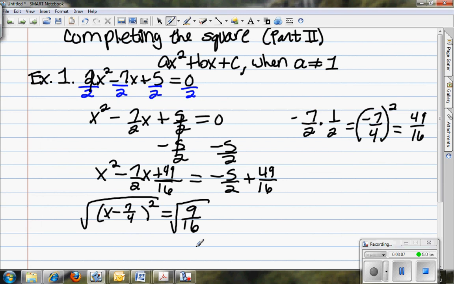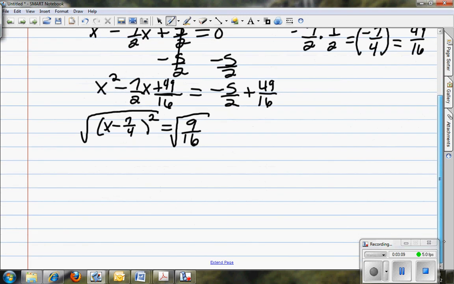To solve, take the square root of both sides. The square root of anything squared, it goes away. X minus 7 fourths is equal to plus or minus, square root of 9 is 3, square root of 16 is 4. So we have to add 7 fourths to both sides to finish out.